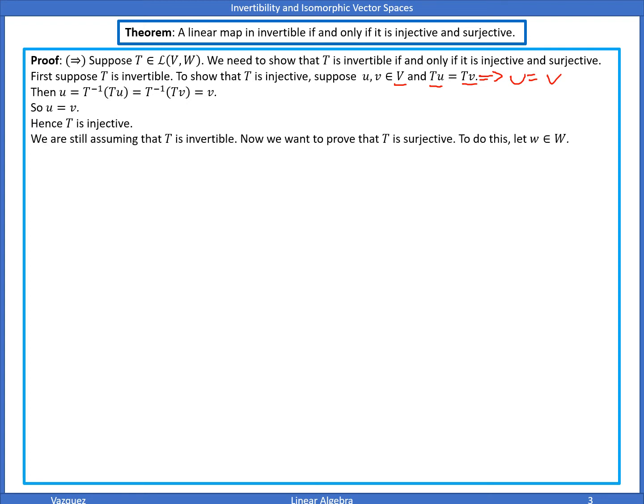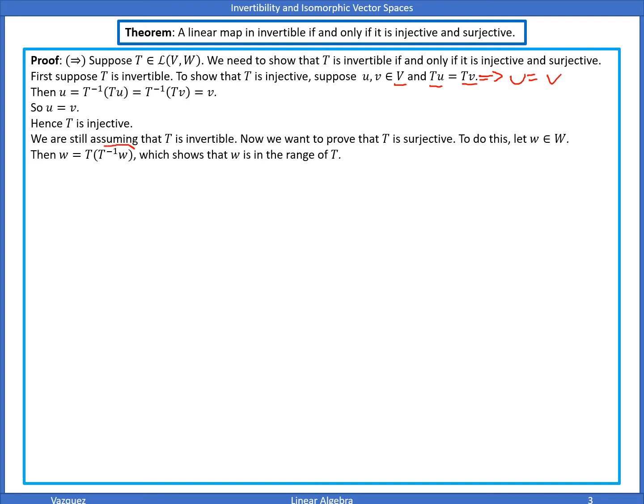So again, still assuming that T is invertible, we want to show that T is now surjective. So let W be in big W in our codomain. Well then W, again, is equal to this because this is the identity mapping, so it does nothing to W. But what does this show? This shows that W is in the range of T. Why?